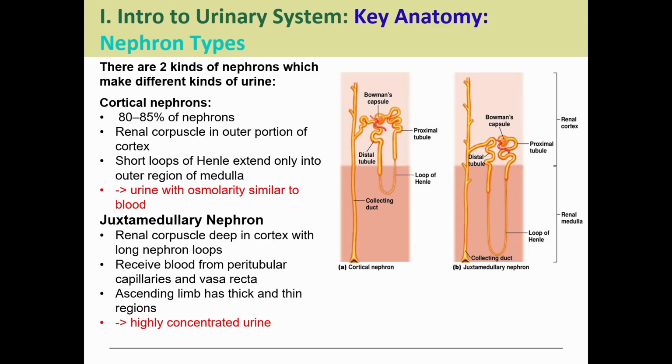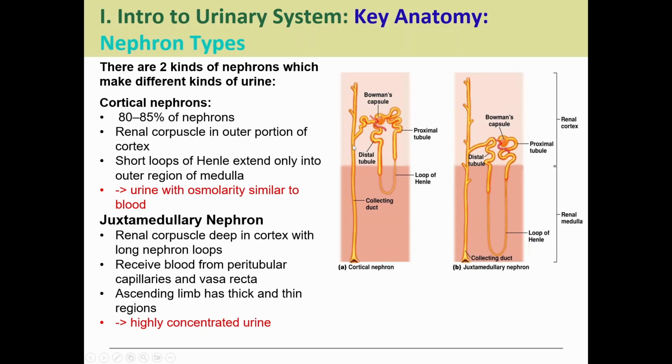Now there's 2 different kinds of nephrons, and they make 2 different types of urine: cortical and juxtamedullary nephrons. Cortical nephrons are the majority, and if you notice, for the most part, they're hanging out in the cortex, right? Which is why they're called cortical nephrons.